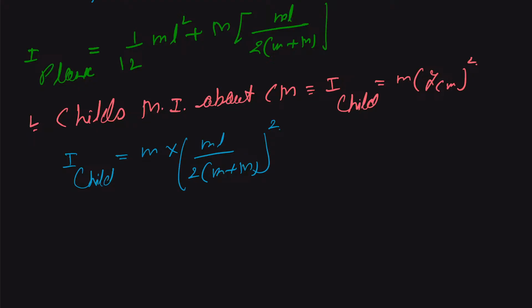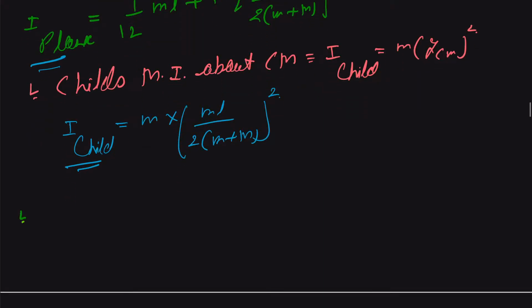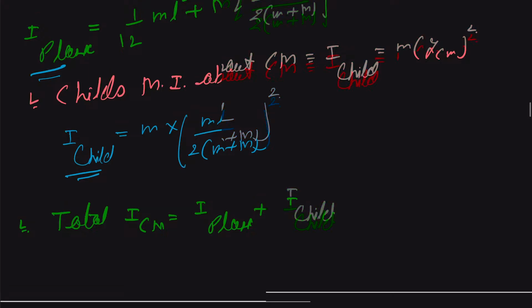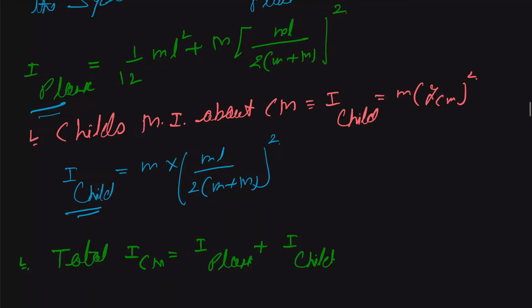Now we can add both our plank as well as our child. So we get our total ICM will be equal to that for our plank plus that for our child, and this is the same in both parts, so we can just take it as common.